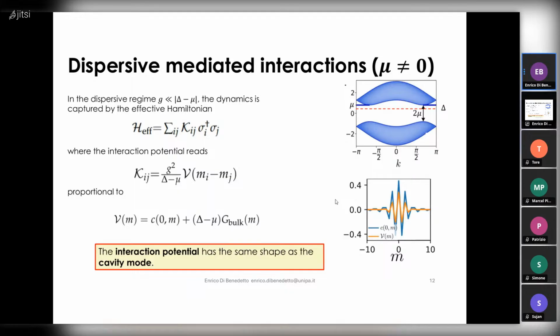Now, what you find from the calculation is that the interaction potential in this case basically has the same shape as the effective cavity mode.